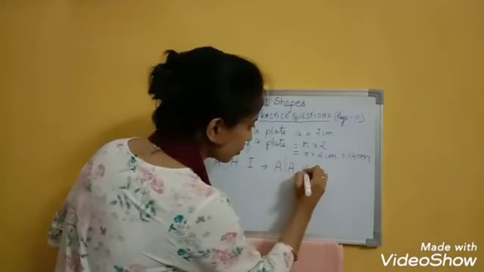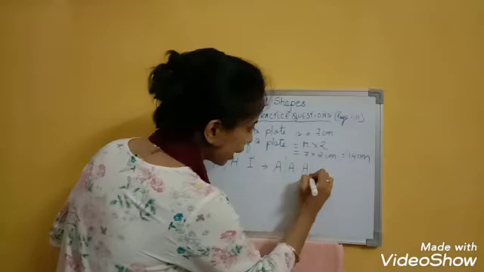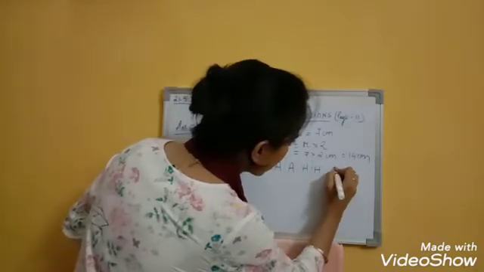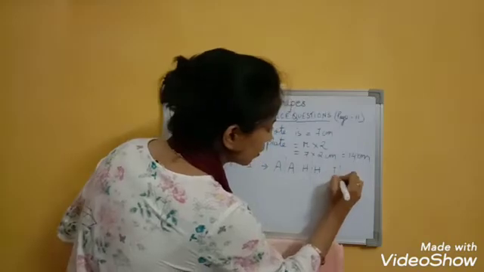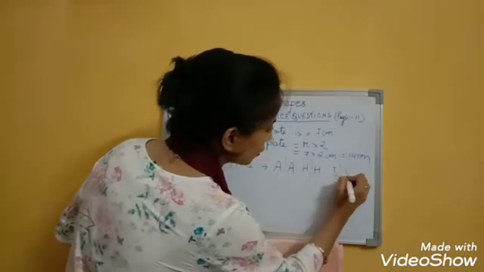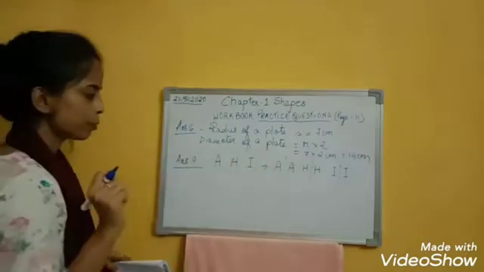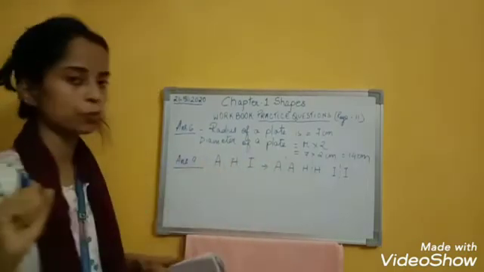H, line of reflection. I. So these are the 3 letters that look the same as their mirror image. Alright, so these things you have to do.